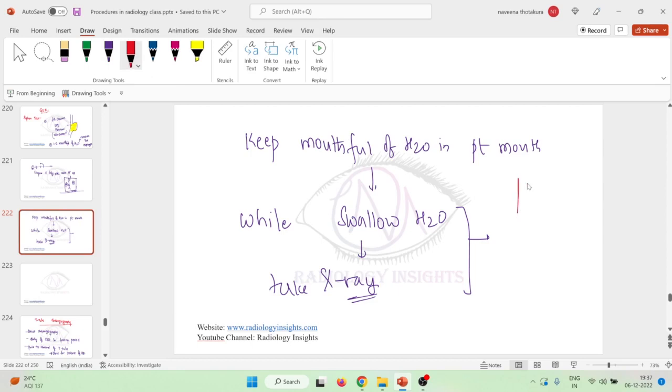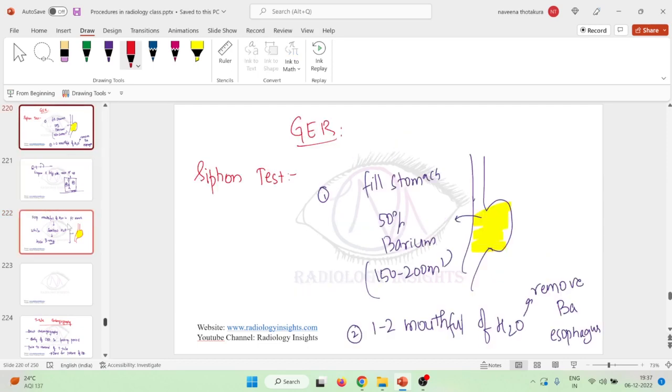Now at this stage, when the patient swallows with water, the barium which is present in the stomach should stay in the stomach. But here the patient has reflux.